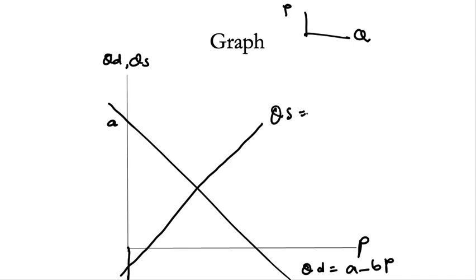So this is quantity supply equals minus C plus dP, and the vertical intercept here is basically minus C, and the value of P is here, okay, when quantity supply is 0, call it P prime, for instance. That's the correct way of interpreting it.